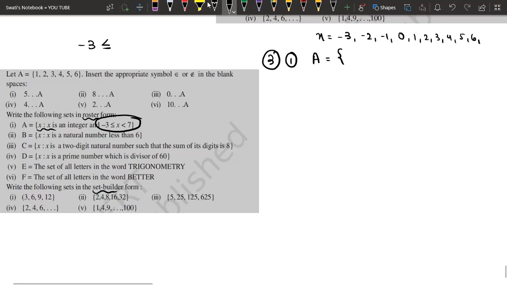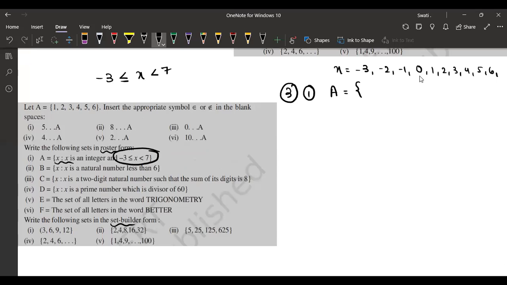It is simply saying that x is in between -3 to 7, where -3 is included, but 7 is not included. All right. So therefore, what is the answer for A? The answer for A is simply -3, -2, -1, 0, 1, 2, 3, 4, 5, 6, and we can close the curly bracket.